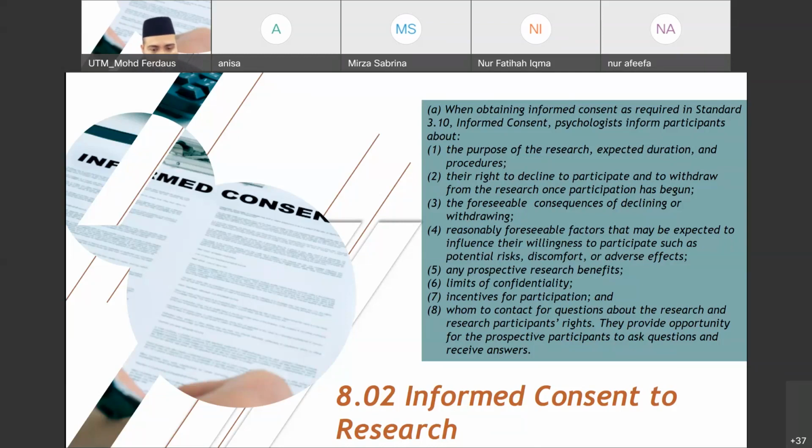However, while answering the survey, you don't feel comfortable and you want to withdraw. Researchers need to explain, if you withdraw in the middle of the interview or in the middle of answering the questions, are you entitled to get maybe 50% or 30%, or not entitled to any compensation for what you have done.